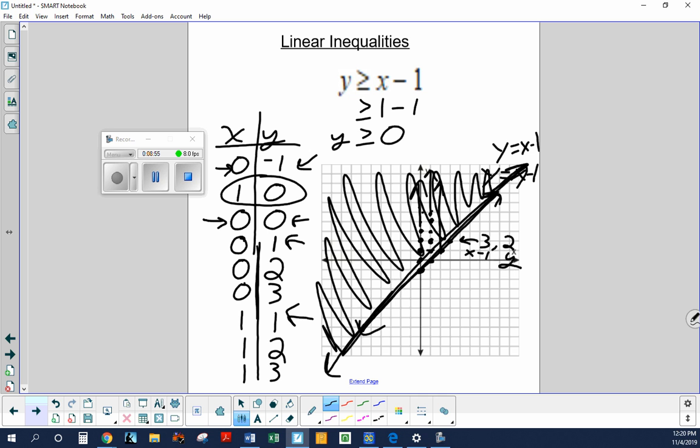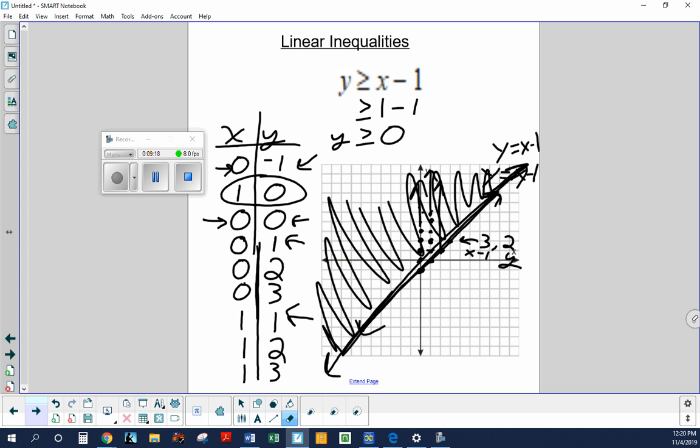So the gist is we graph the line like normal, no matter what, to show where they're equal, and then we shade either above or below it to show that y could be that line or anything above it or below it. We would shade below the line if it said y is less than or equal to something, because then y would have to be smaller numbers than where that line is.